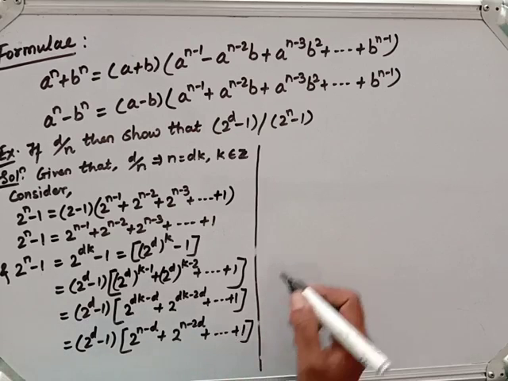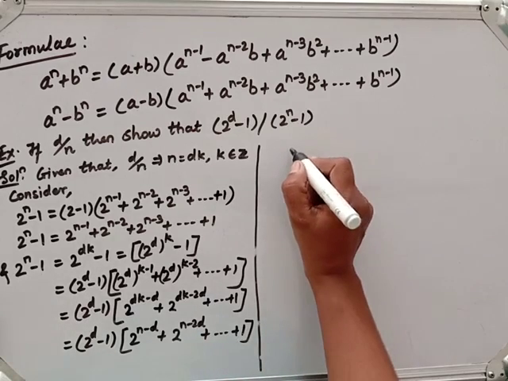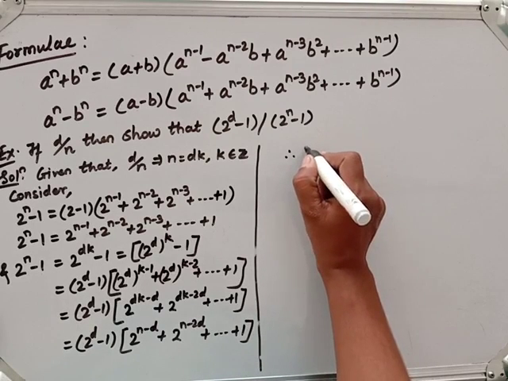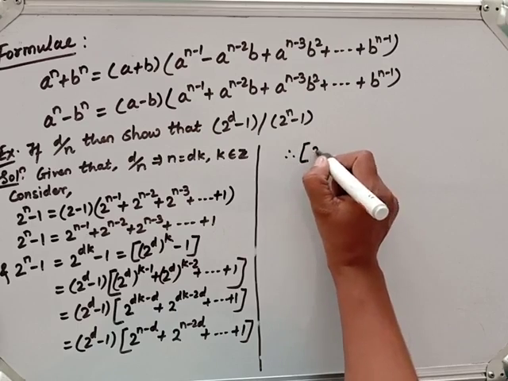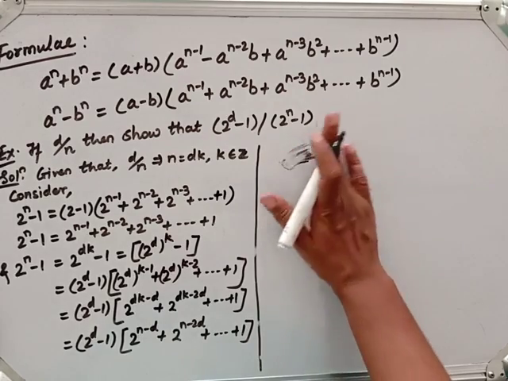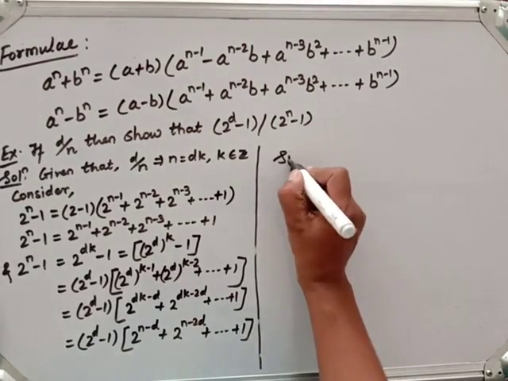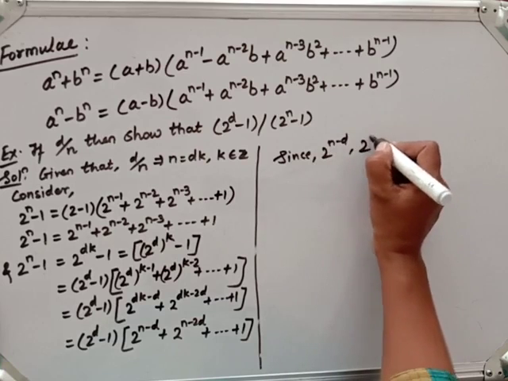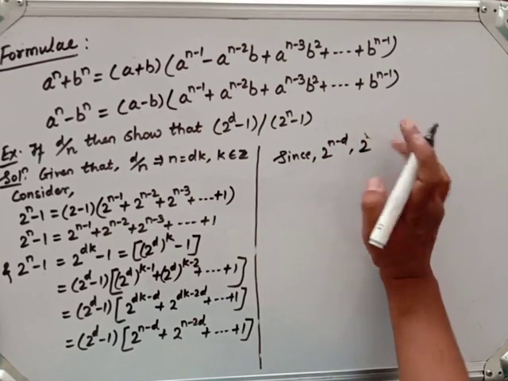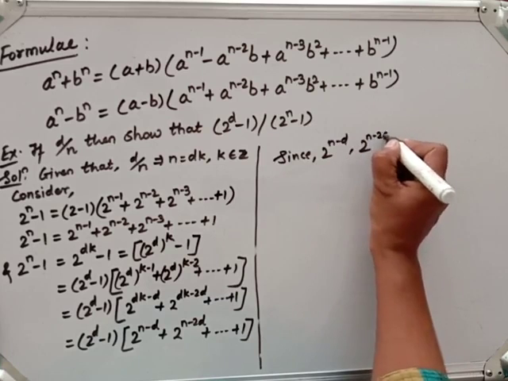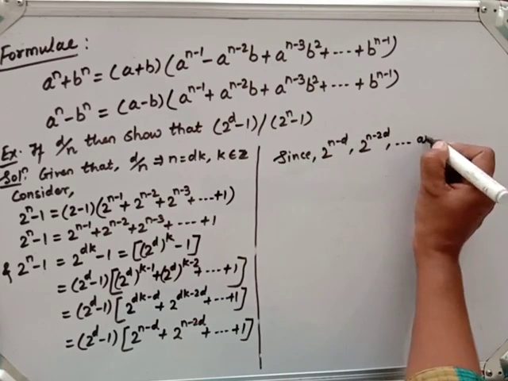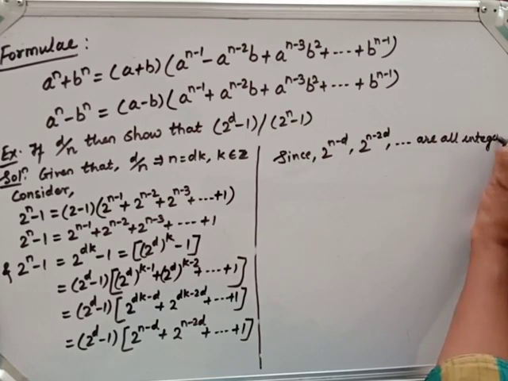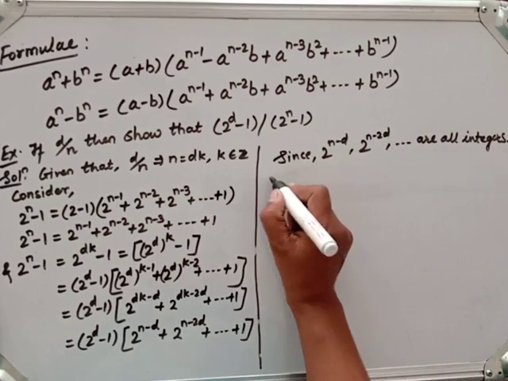Therefore I must write, since 2 raised to n minus d, 2 raised to n minus 2d, and so on are all integers, as I say, we should write that, are all integers.